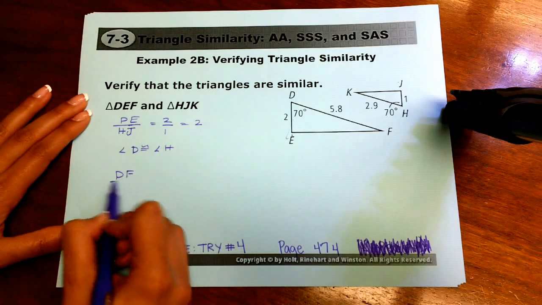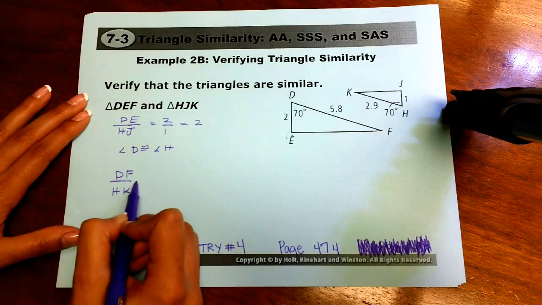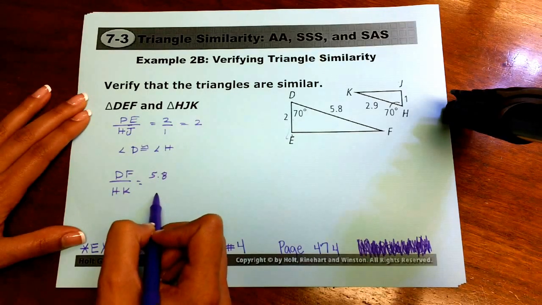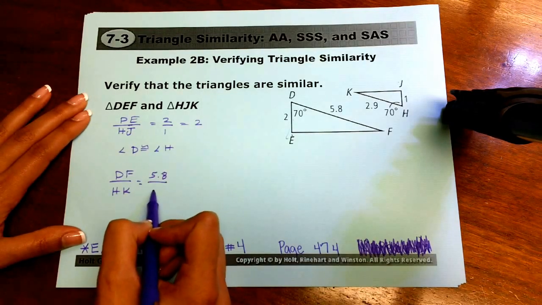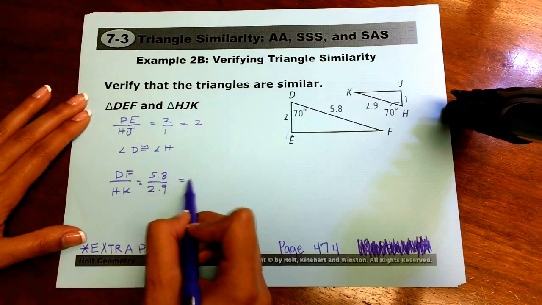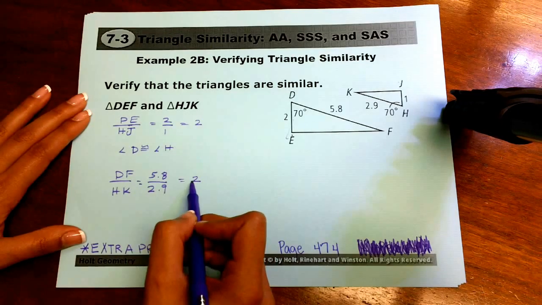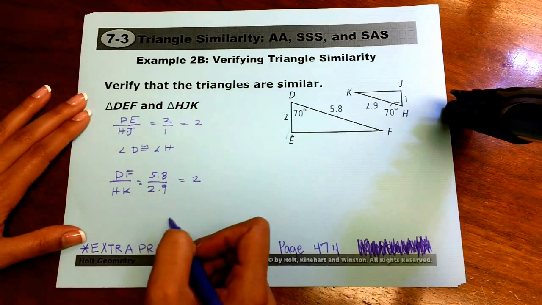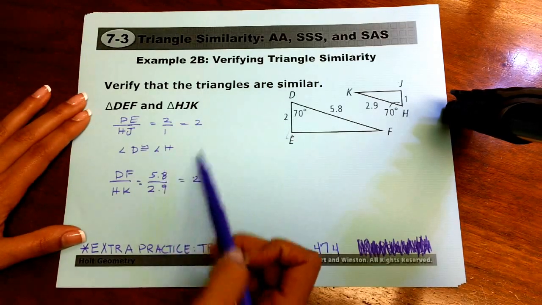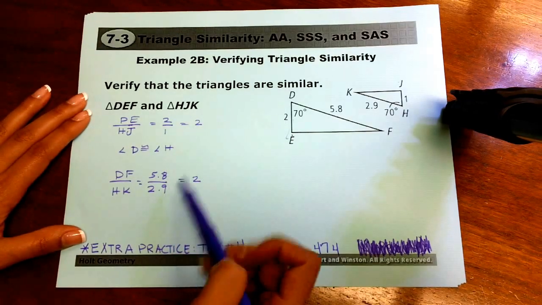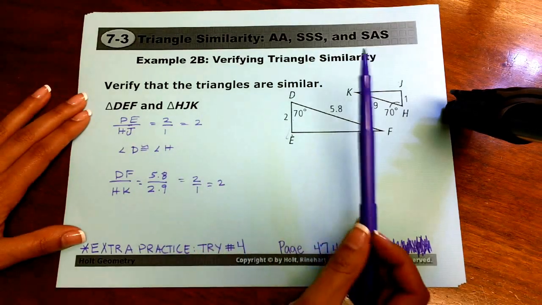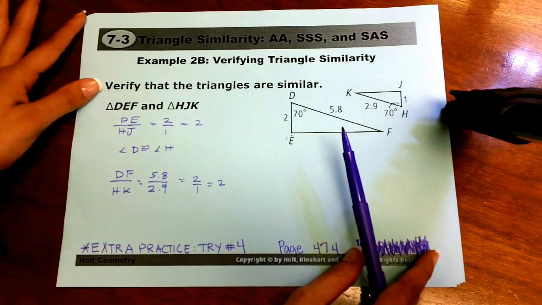DF is 5.8 and HK is 2.9, which also ends up equaling 2, and 2.9 times 2 gives me 5.8. So I have two sides and an included angle. These two sides have the same ratio, and the included angle is congruent. So by side-angle-side, I can verify that these triangles are similar.